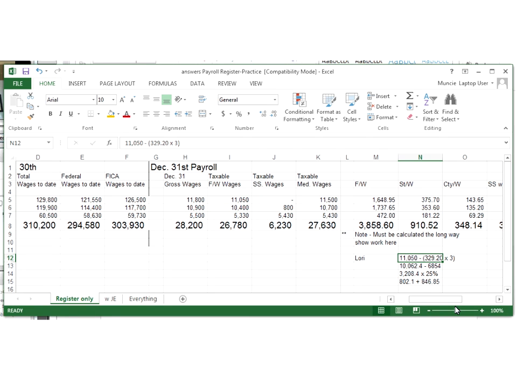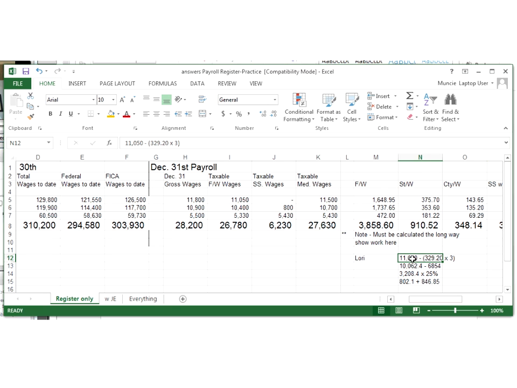The first thing we have to do is, by the chart, subtract out her allowances, because at the very beginning of that appendix, it shows how to do it the long way, and it says take your gross income less your allowances.